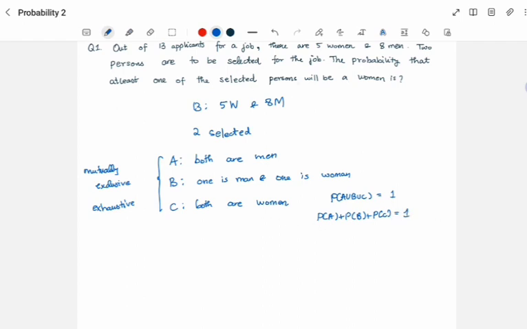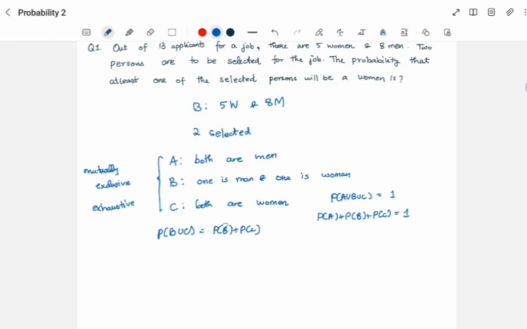And what do I need to find? At least one of the selected persons is a woman. So I need to find P of B union C, which is nothing but P of B plus P of C. I can write this from the union because they are mutually exclusive.